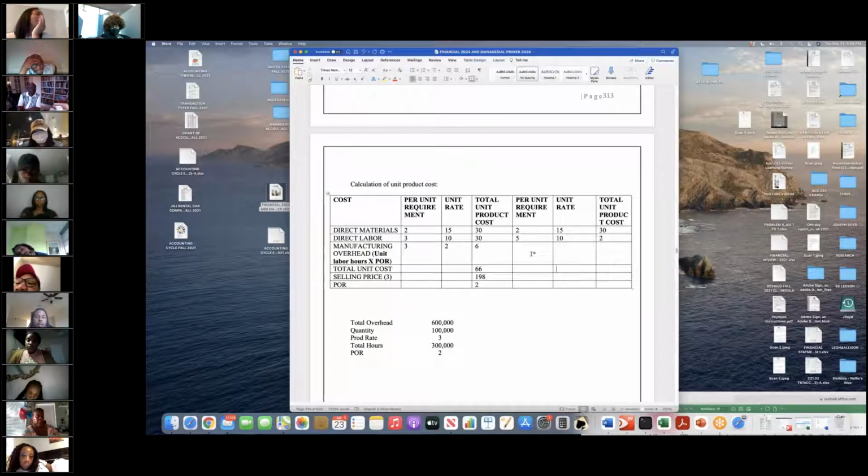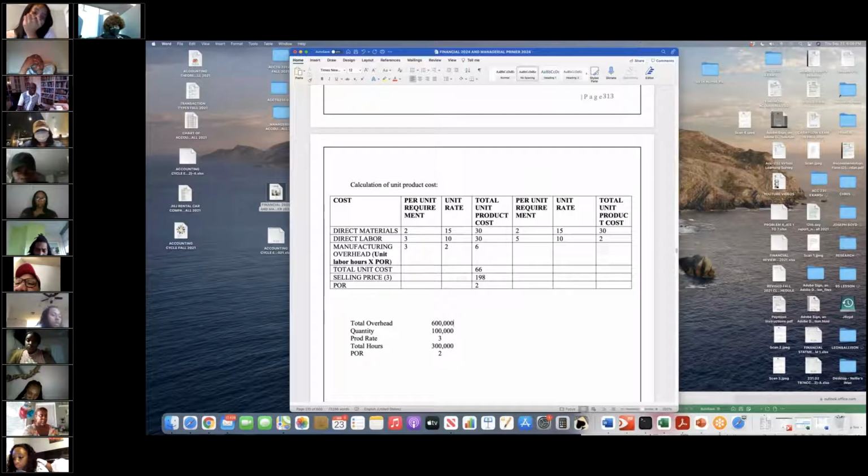Okay. Let's move on to the overhead now. So the overhead is still 600,000. And the quantity is still 100,000.